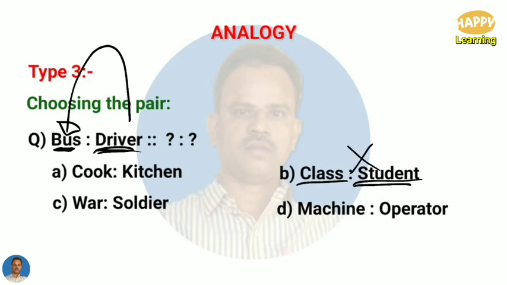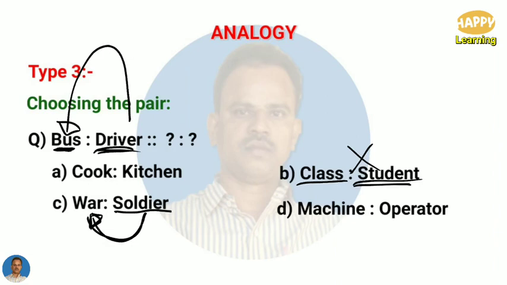So it is wrong. War is related to soldiers. Soldiers participate in war. But war is not operated by soldiers. War is led by the officers and the politicians, not by the soldiers.